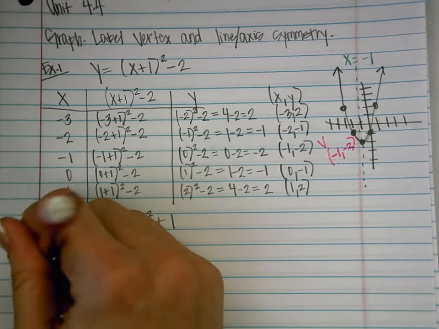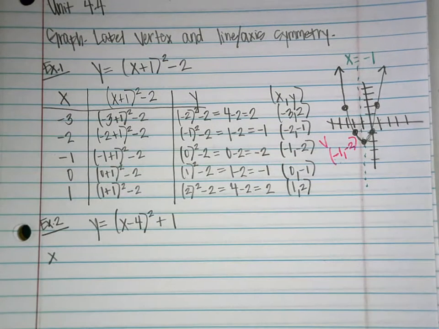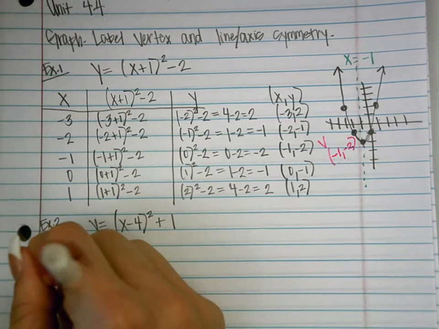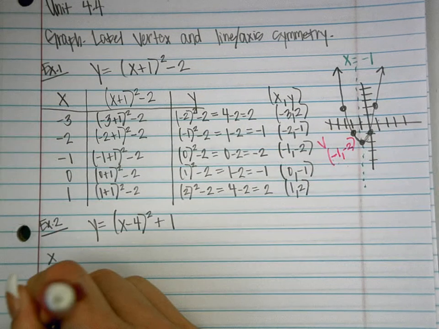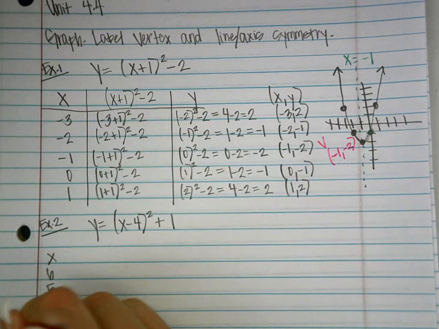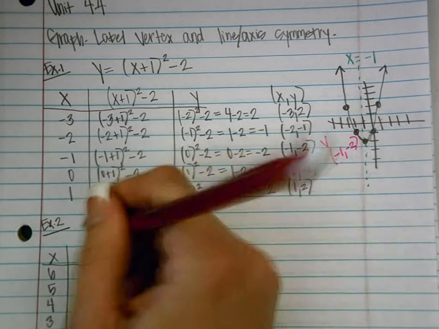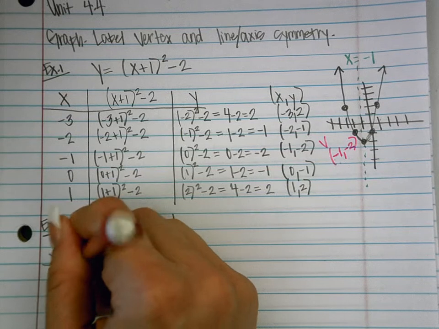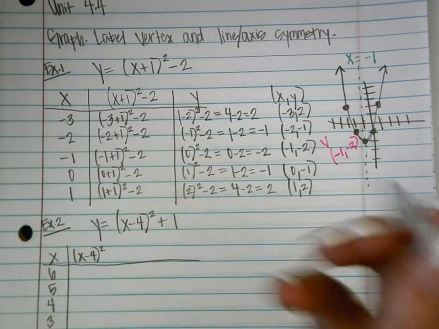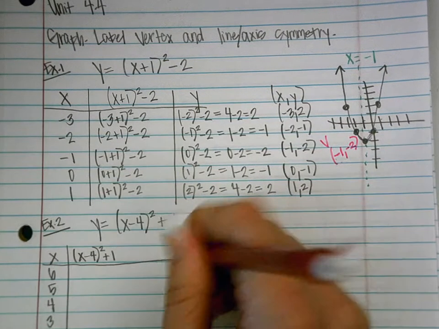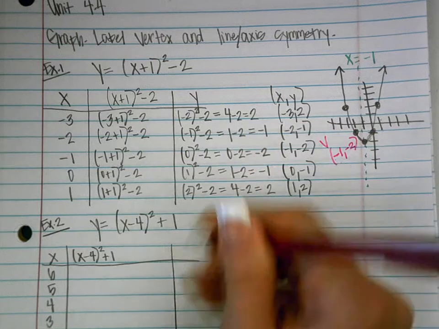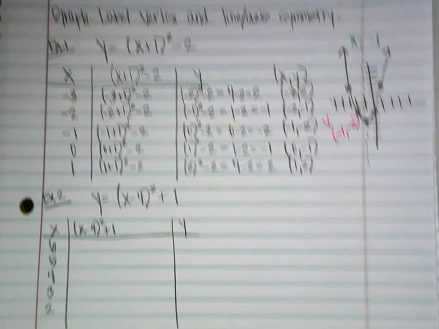For this XY chart, you're going to plug in x values of 6, 5, 4, 3, and 2. Again, I am going to give you the x values. So plug in x minus 4 squared plus 1. I'll change my chart a little bit to put the y over here.